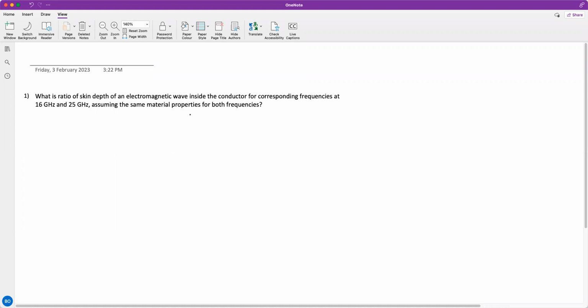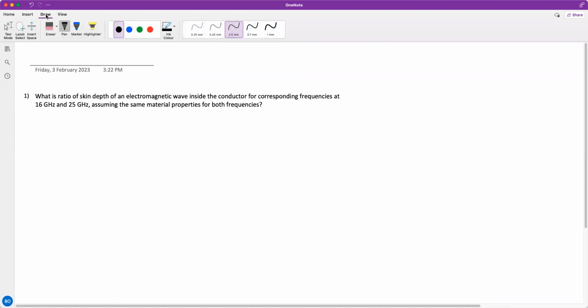What is the question? I'm asking about the ratio, not asking you to compute the skin depth for each one. It is the ratio of the skin depth inside the conductor for frequencies at 16 and 25 gigahertz, assuming the same material properties.